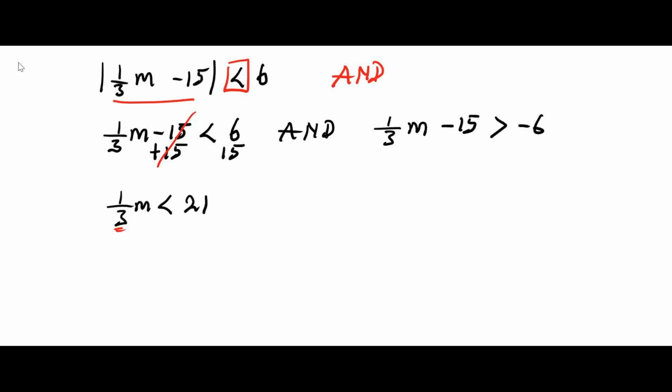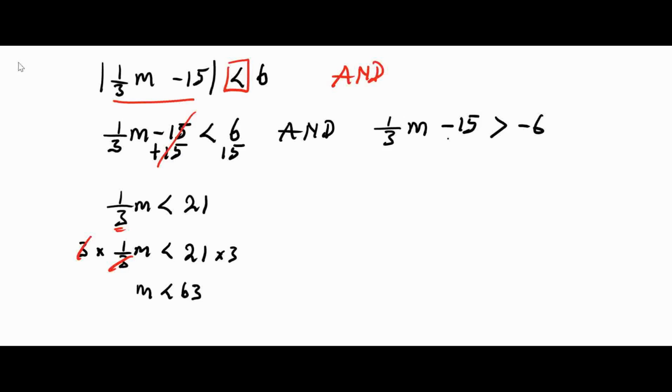So if we multiply both sides by 3, this will be 3 times 1/3 m is less than 21 times 3. So this 3 would cancel this 3 from here. And finally, m is less than 63. So that is it for this part of the question.